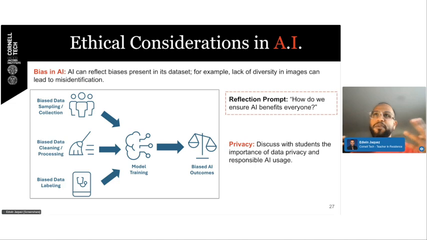Bigger picture, a lot of AI tools that exist out there are being used by companies to determine our insurance rates, whether we qualify for certain scholarship opportunities, or loans, etc. Talking about how AI is being used in the real world could be a really good segue for students to make connections in the classroom and have a deeper understanding and appreciation of why and how they should be interacting with AI, both in and outside of school, which leads us to privacy.